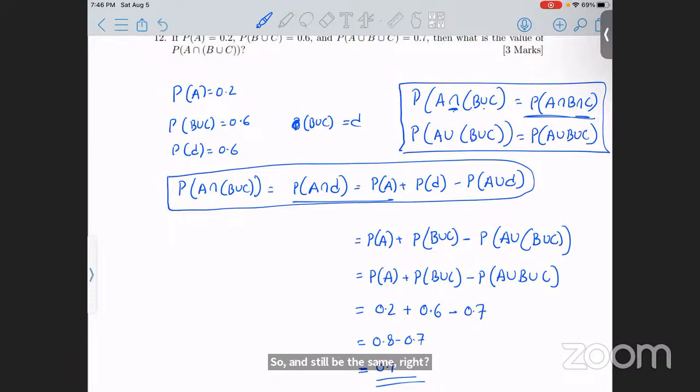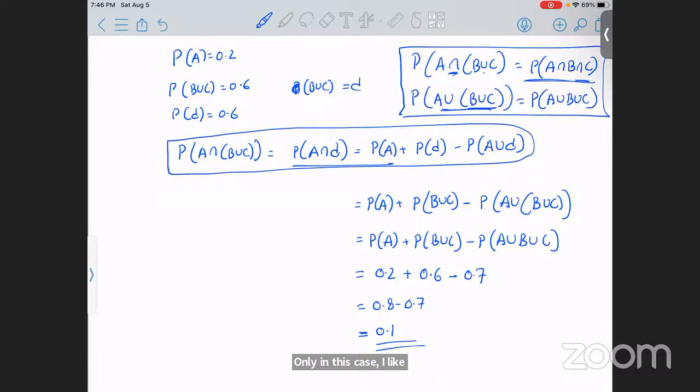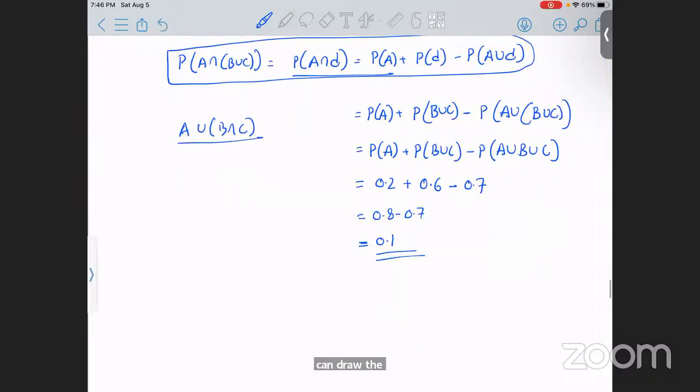Sir, in that case, A union B union C we would write. Which case? No, in this case, I'm asking. Look, whenever you get a doubt, listen to this carefully. You can draw a diagram like A union B intersection C. Suppose A, B, and let's suppose there is C something like this.